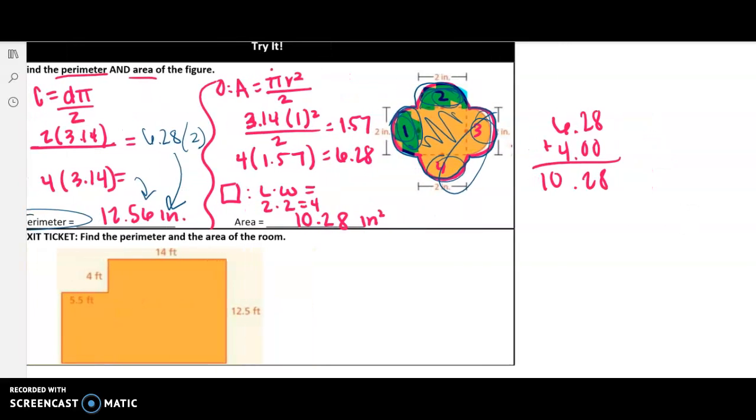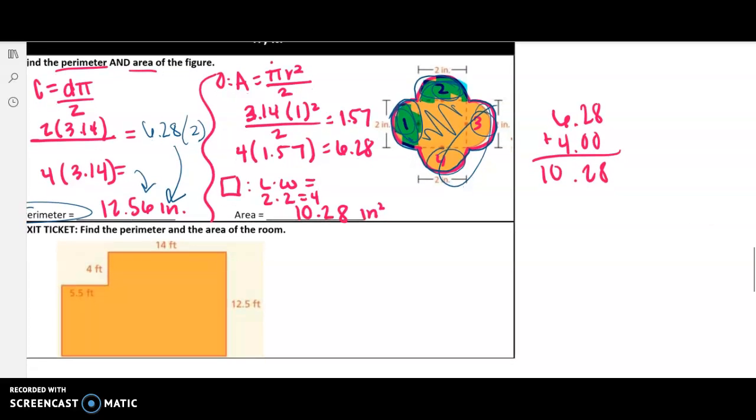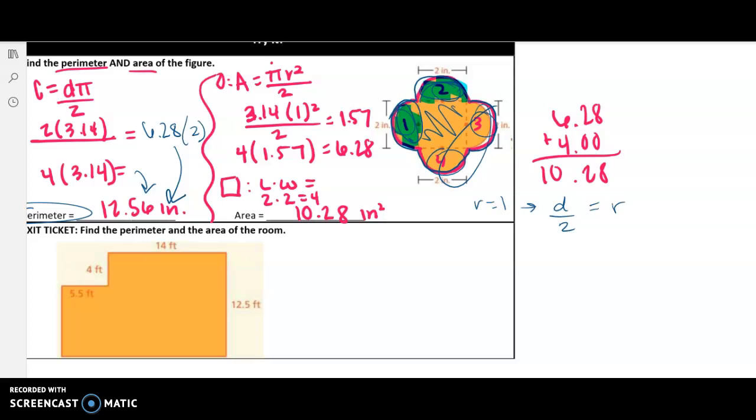Then, if I'm finding the area, I'm finding pi r squared divided by 2 because it's a half circle. So pi times 1, because remember our radius equals 1, because our diameter is 2, and we have to divide that by 2 to get our radius. So we had 2 divided by 2, and that gave us 1.